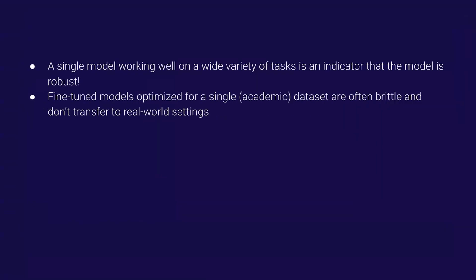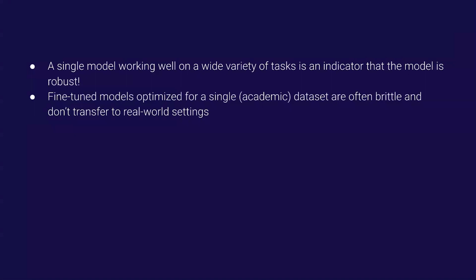I want to drive the point again that we basically have a single model that just works very well on a wide variety of tasks, and it's an indicator that the model is robust. If you take most embedding models outside, they're usually optimized for a single academic data set, and when you try to apply them to real world settings, you'll find that they're often brittle.